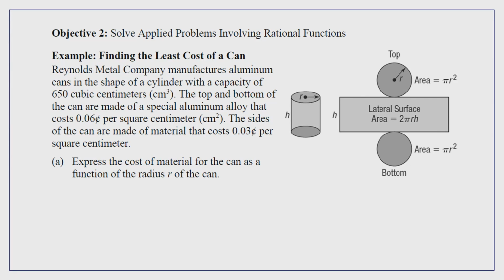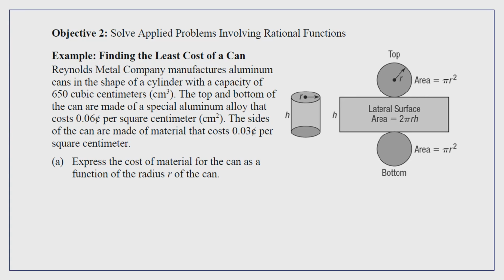The top and bottom of the can are made of a special aluminum alloy that costs 6 cents per square centimeter. The sides of the can are made of material that costs 3 cents per square centimeter. Part A is asking us to express the cost of material for the can as a function of the radius r of the can.